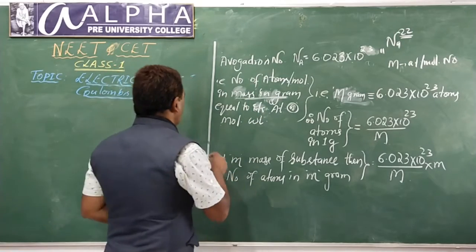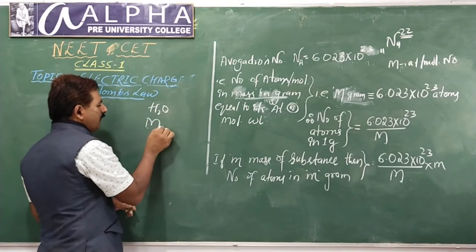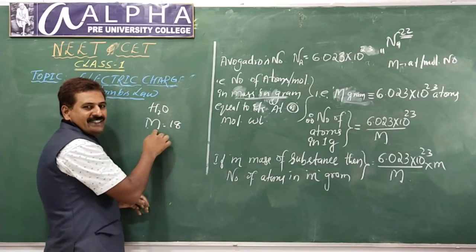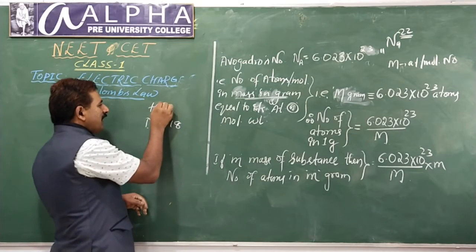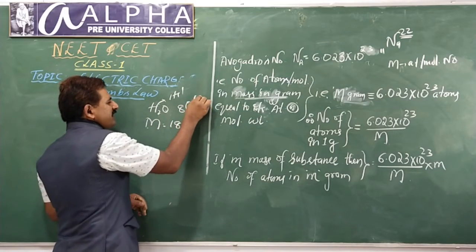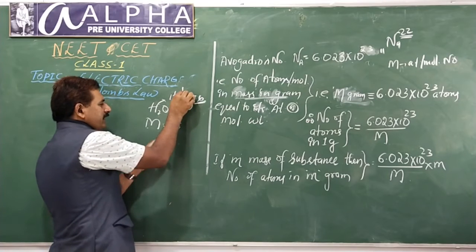Water, H2O: what is the molecular mass? Molecular mass is 18. Why 18? Hydrogen is 1, oxygen is 16.